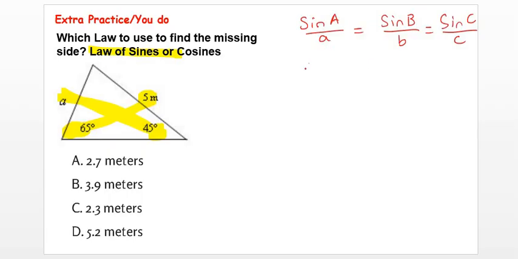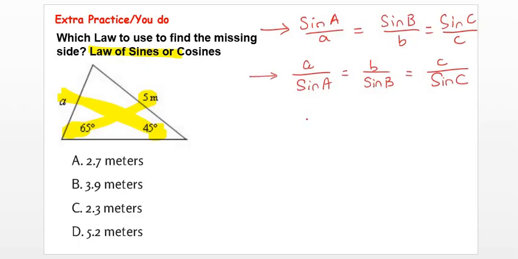And the same formula can be written as a over sine A equals b over sine B equals c over sine C. It's the same formula, we just flipped all the values. This one we use when we are trying to find the angle, and this one we use when we are trying to find any missing side.